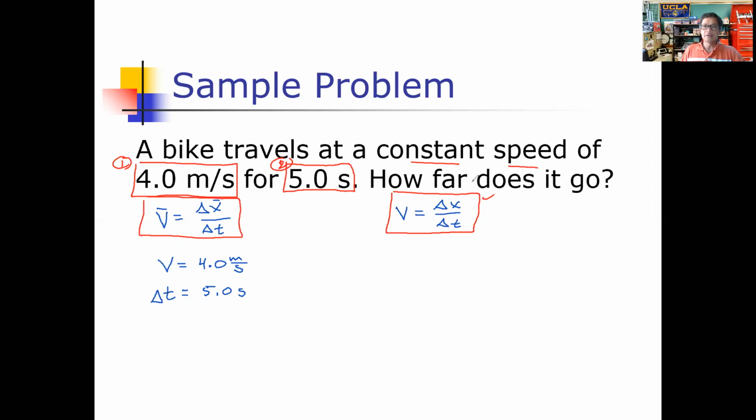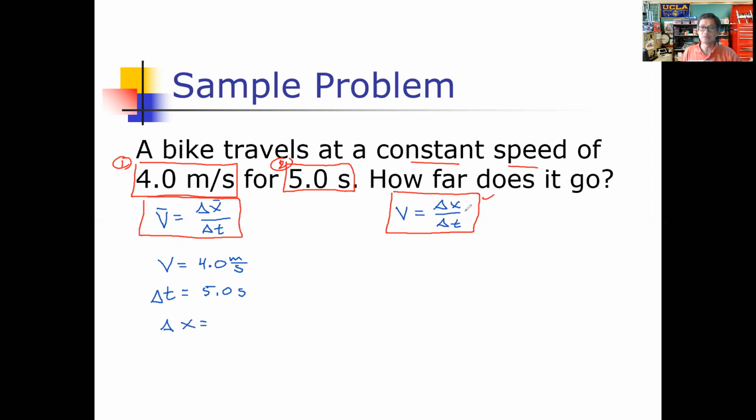And what are they asking to solve for? They're asking us to solve for the total distance that it travels. At this point, especially for you folks who are going on to physics, take the formula that you're going to use and rearrange it to come up with the equation that you will need to solve for this unknown. Hopefully you notice here, we're going to isolate delta x.